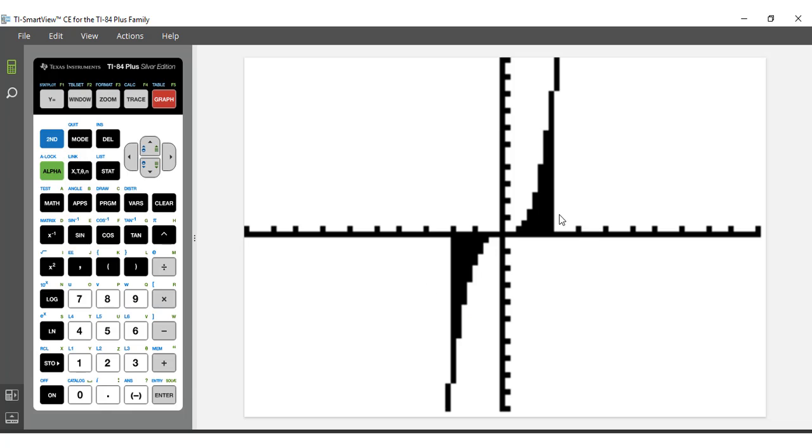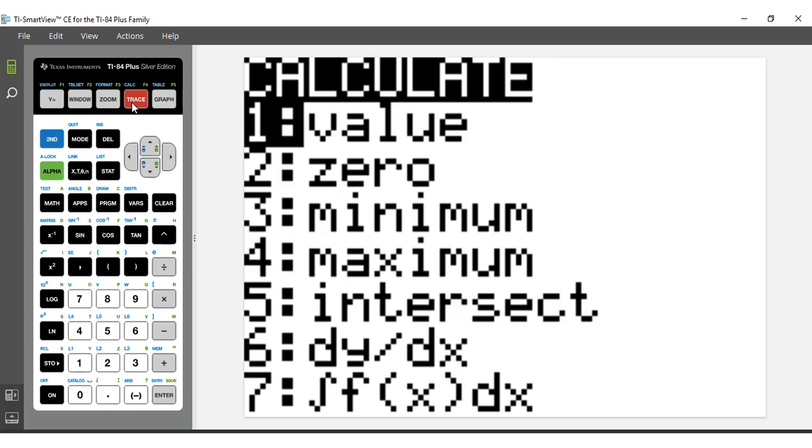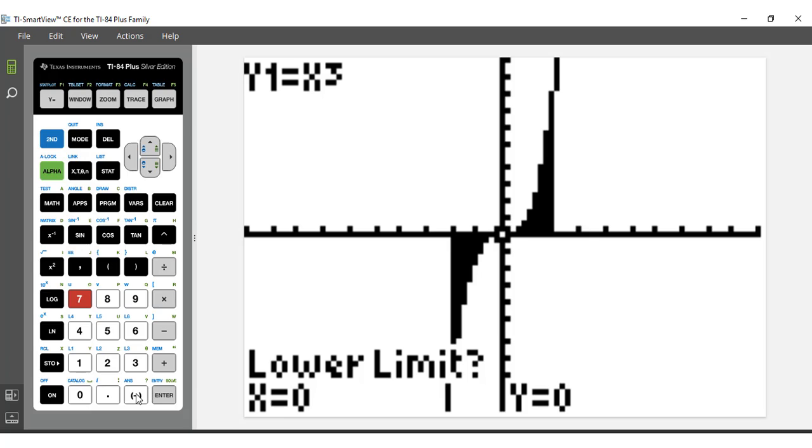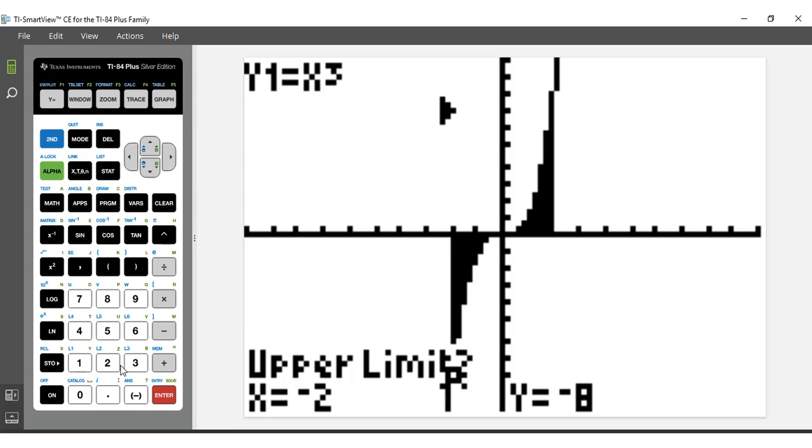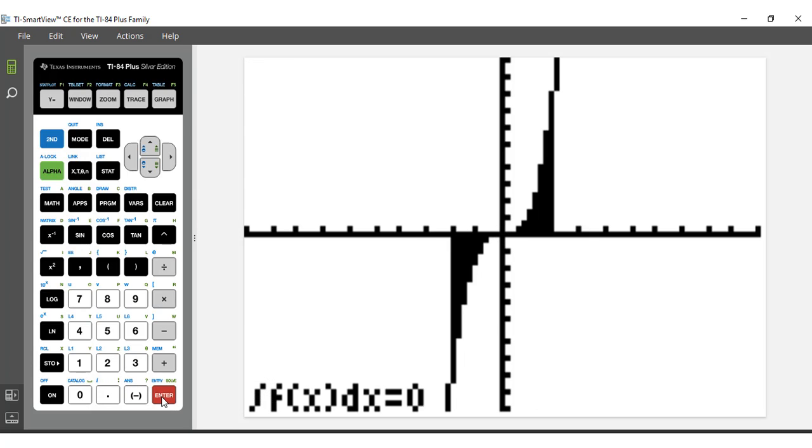When you go to the graph and do second trace, go to 7 from -2 to 2, they still give you 0. But if we are interested in the shaded area, how do we figure out the shaded area though?